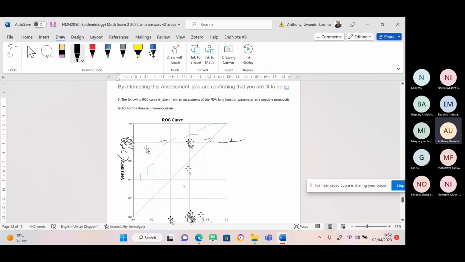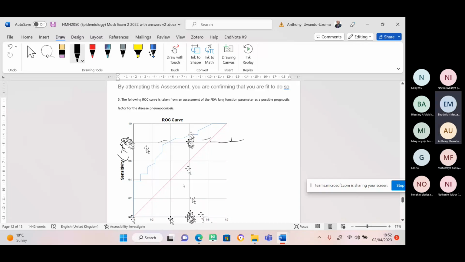It's not about the exam, because the exam may be different. Now look here. This is where our specificity is, and I told you that we want our specificity to be closer to this point, to the left.